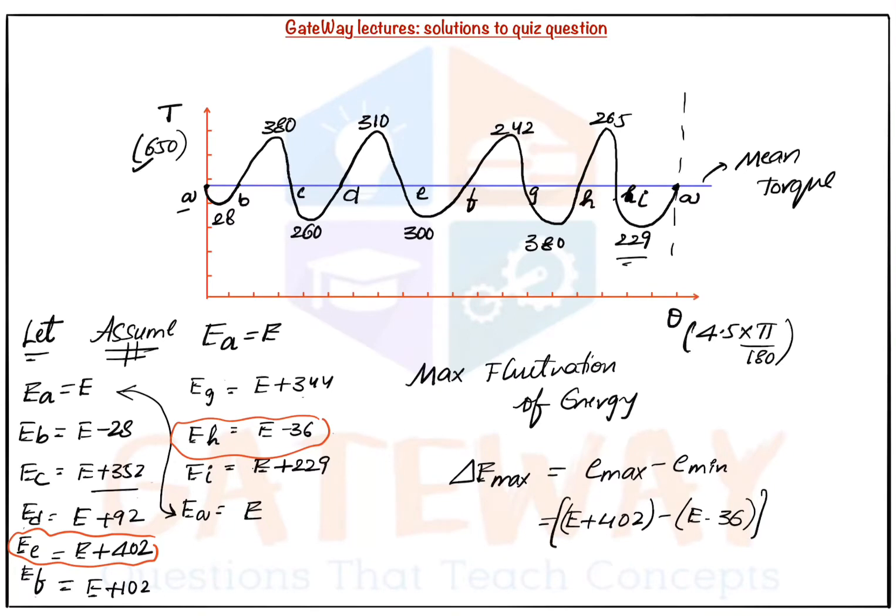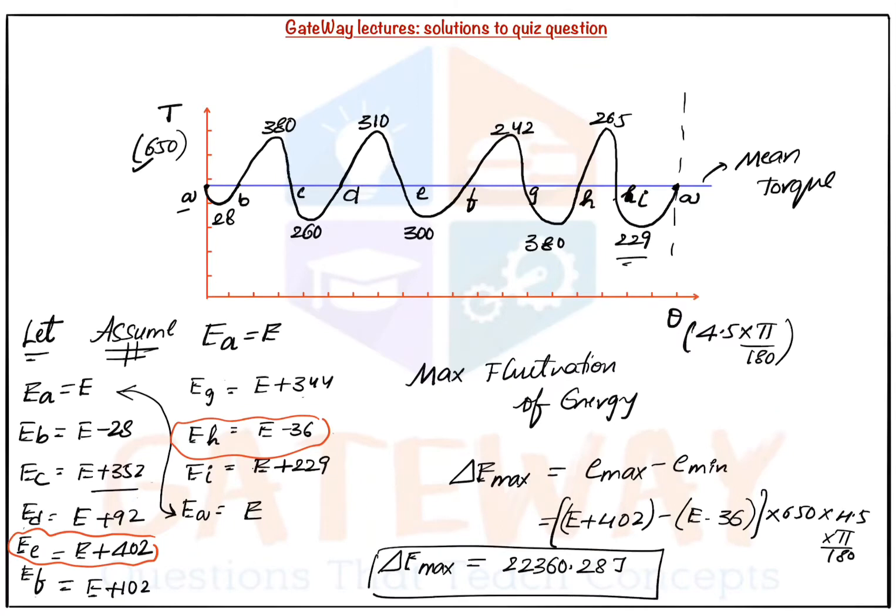These units were in mm square, and when we multiply with the vertical and horizontal scales, it will be 650 Newton meter into 4.5 into pi by 180, and finally we get the maximum fluctuation of energy as 22360.28 joules. This is our answer.